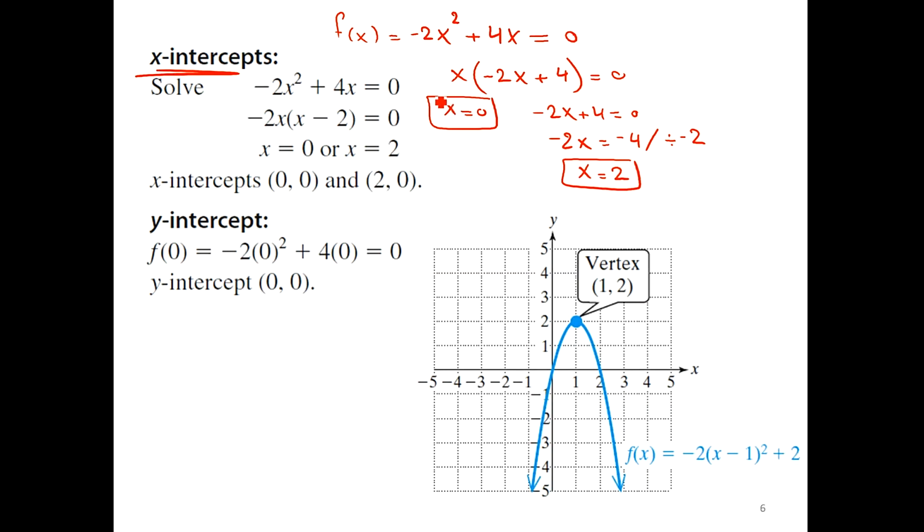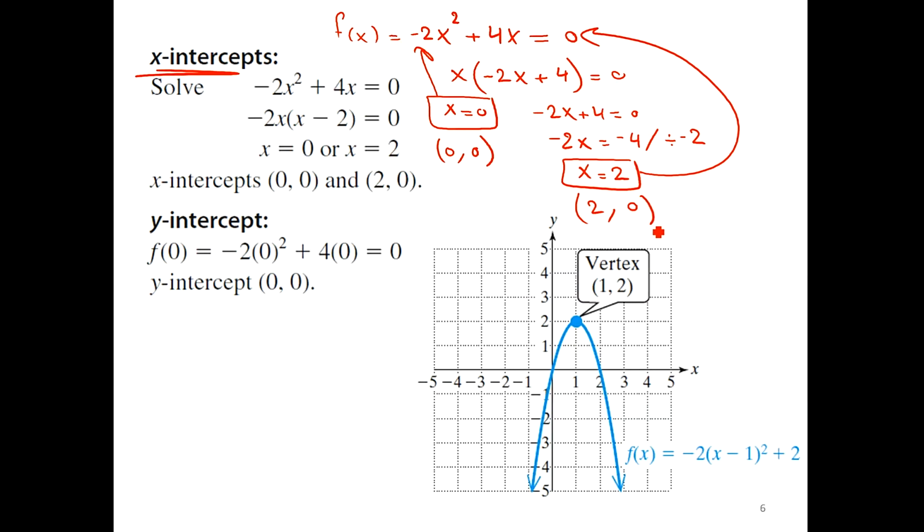If we substitute x equals 0, we have the point 0 and f of 0 is 0, so (0, 0). If we substitute 2 in this function, we have minus 2 multiplied by 2 square, which is minus 8, plus 4 multiplied by 2, which is 8, this is also 0.